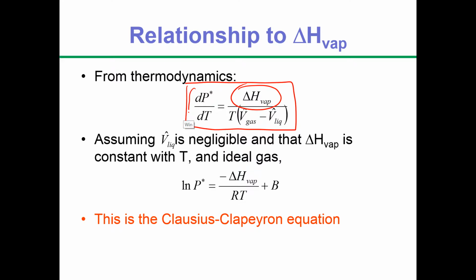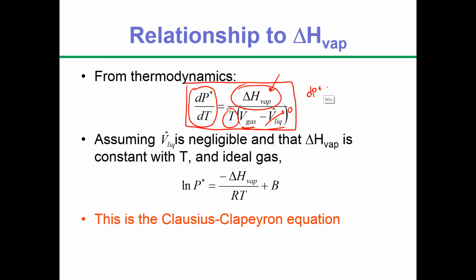The change in vapor pressure with respect to temperature is going to be the heat of vaporization divided by temperature, and then multiplied by the difference in specific volumes between the gas and the liquid. One of the things that we can do is just say that the liquid volume is approximately 0 in comparison with the specific volume for gas. The volume per mole is going to be much smaller for liquid, so we'll just say that's approximately equal to 0. And then let's just rearrange this equation.